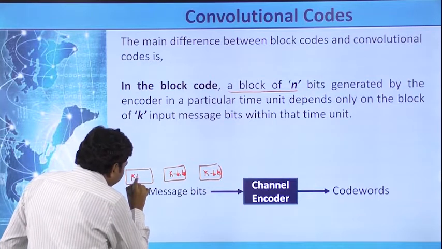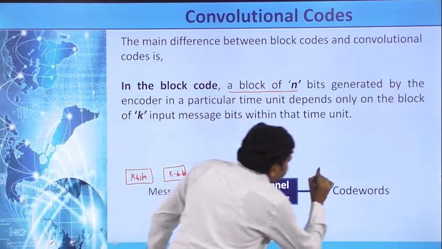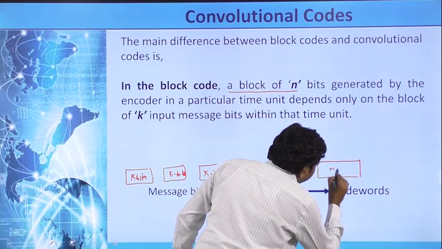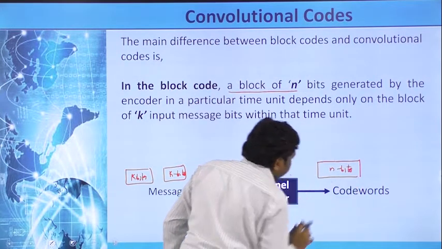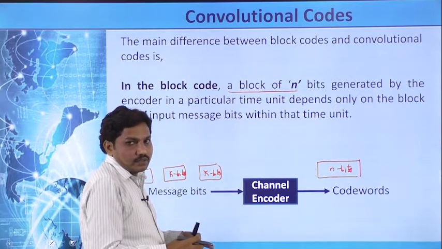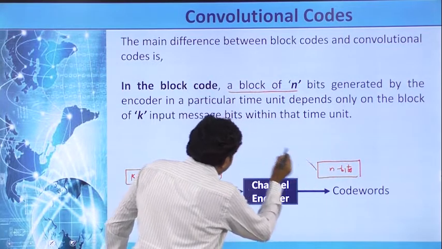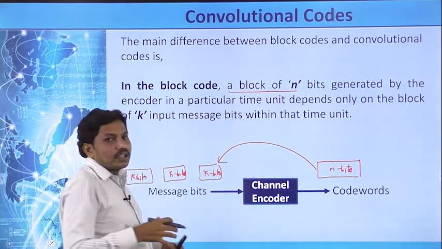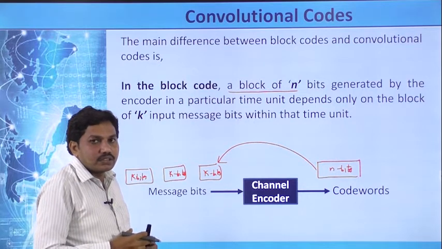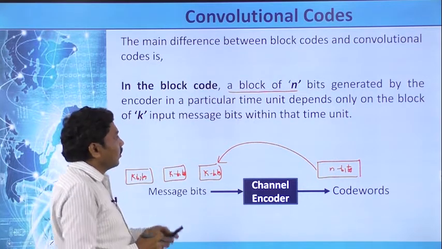K bits. So the output of the channel encoder is nothing but code words which consist of n bits. The present output of the channel encoder depends upon the present k message bits at that particular time. So that is the block codes.